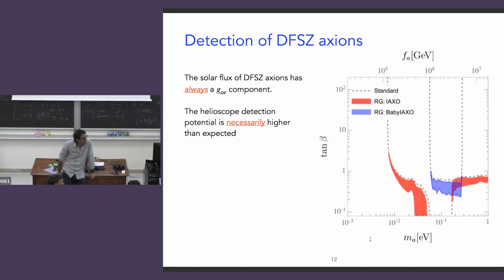The coupling to the photon doesn't run. So the only effect is on the production through electrons, while in the supernova, the nuclear coupling is what determines how fast it drains energy. But in this case, the effect is just GAE, the production, but not G gamma.